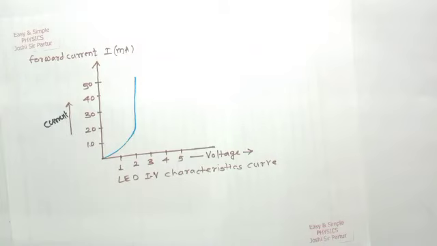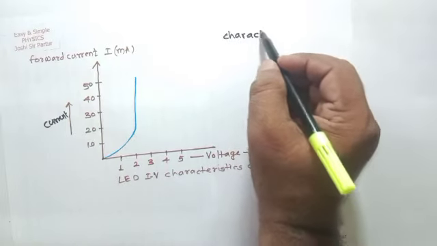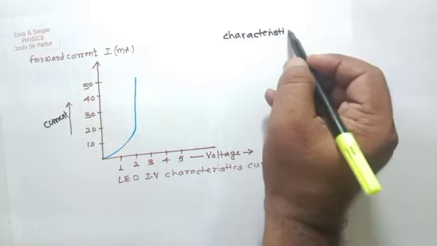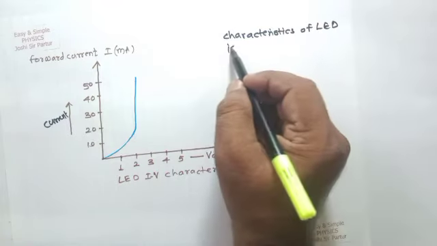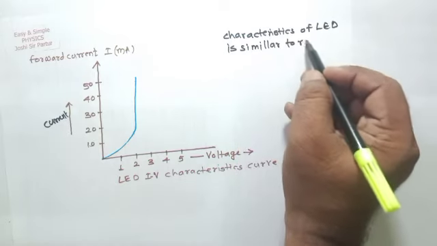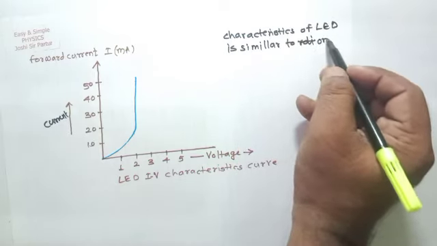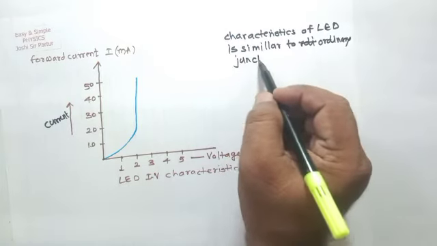So from this graph we conclude that the characteristics of an LED are similar to an ordinary junction diode.